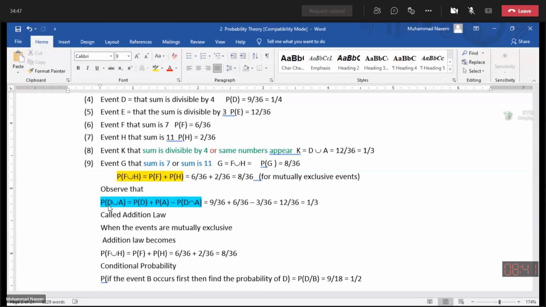We can also find the probability of the union using a formula.